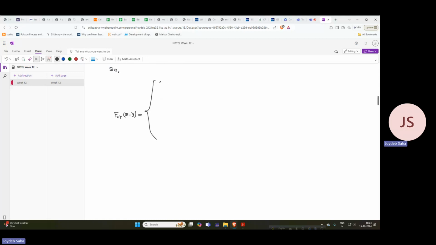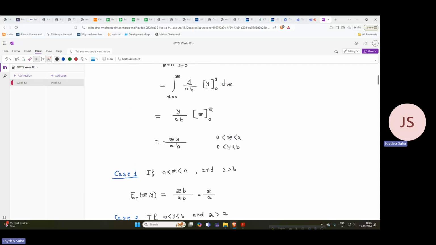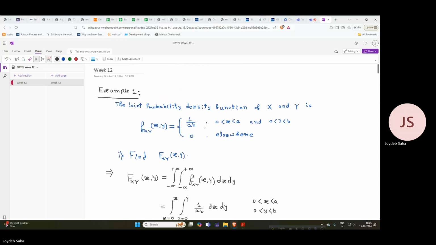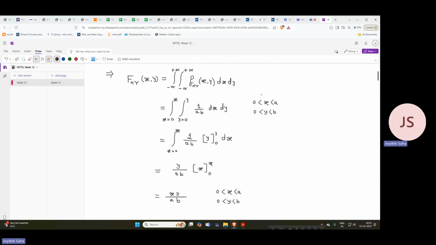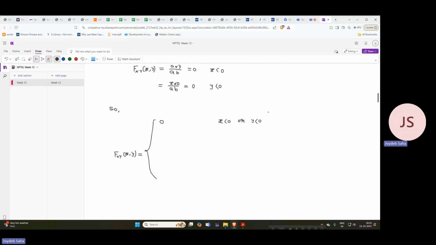First, it will be 0 for x less than 0 or y less than 0. Okay, this is the first case. Second case, which is the general case. This one, right? These two conditions satisfied.